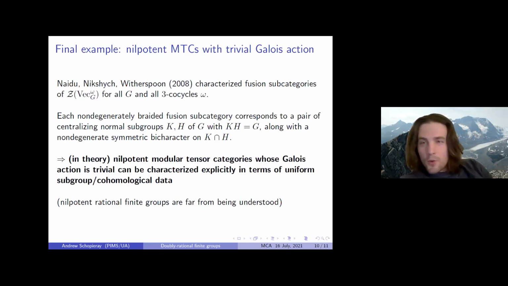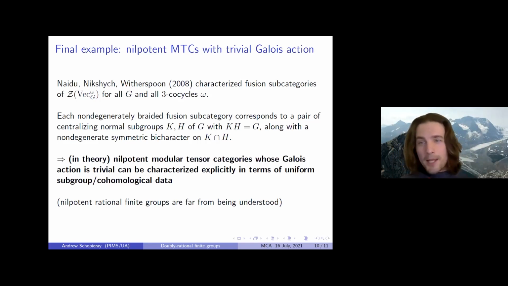And just one last thing that I would like to mention is that you could also look at these doubly rational finite groups just by order. And you can very quickly compute what all of them are up to order 100 or so. And you can start lumping them into families.